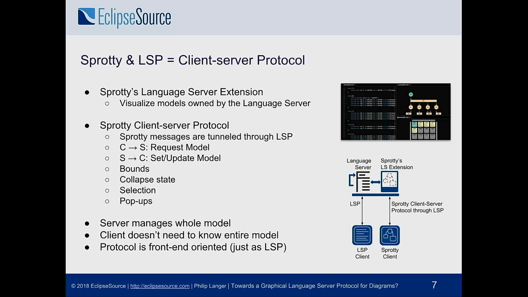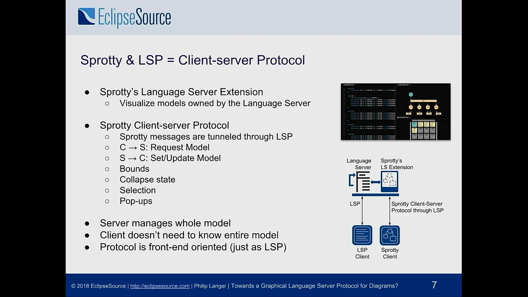The reason it is a great deal for us is that when Sprotty is integrated with the language server protocol, you already have a client-server architecture addressing the problem that we mentioned earlier. How this is implemented in Sprotty is that there is a language server extension. It is attached to a language server in order to provide visualizations of models owned by the language server.